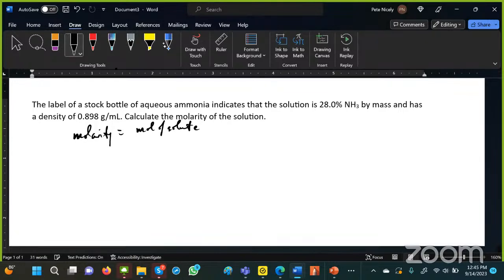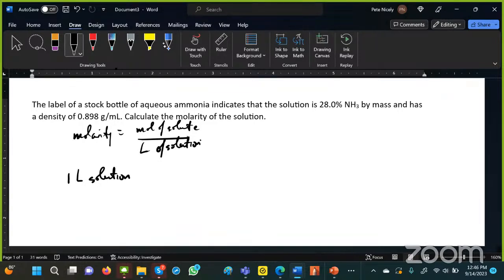Now in this case here, we're not given the moles of solute and we're not given directly the liters of solution, but we can still use this equation to some degree to help us calculate this. Because another way of looking at molarity is basically the moles of solute in 1 liter, right? So what I can do is start off with 1 liter of solution. So let's assume that we have exactly 1 liter of solution, all right?